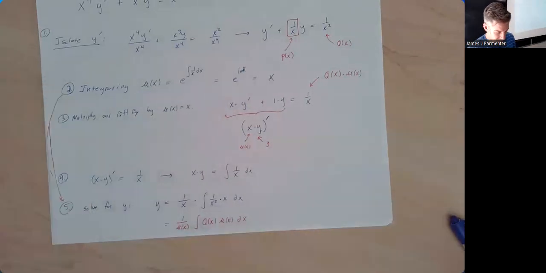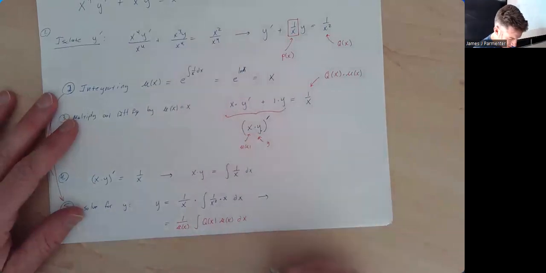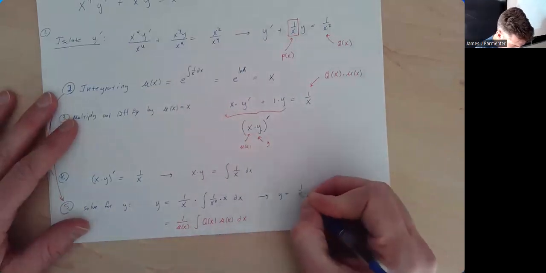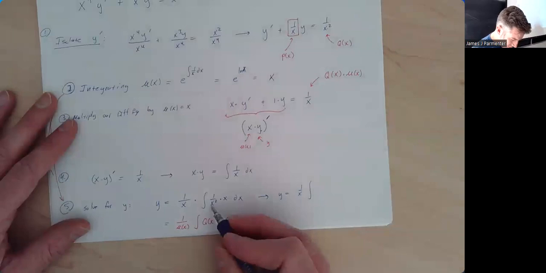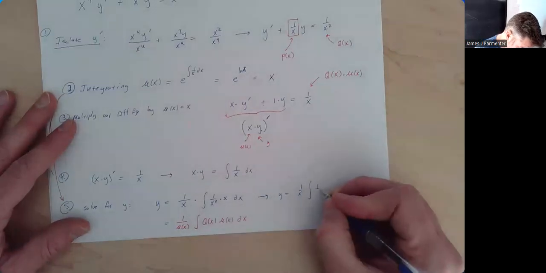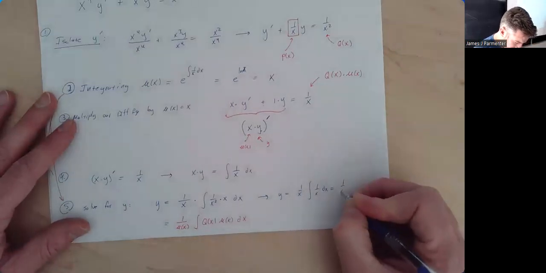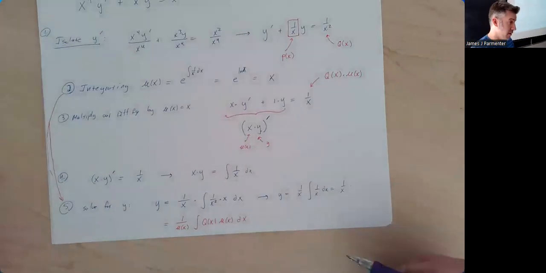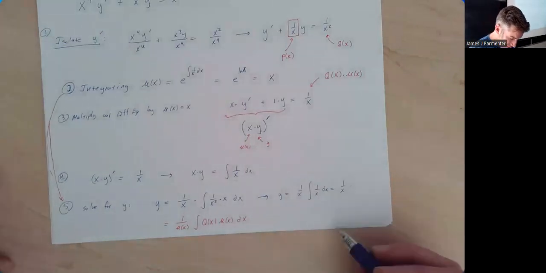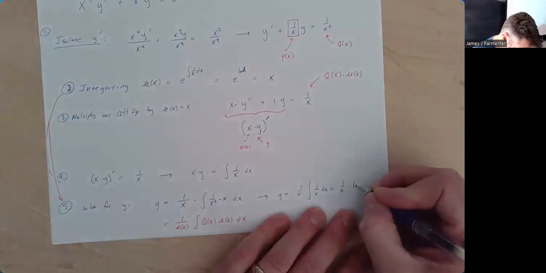Finishing it off here, y is equal to 1 over x times the integral of 1 over x, which is going to be 1 over x times, and here I would put in the absolute value, the natural log of the absolute value of x plus c.